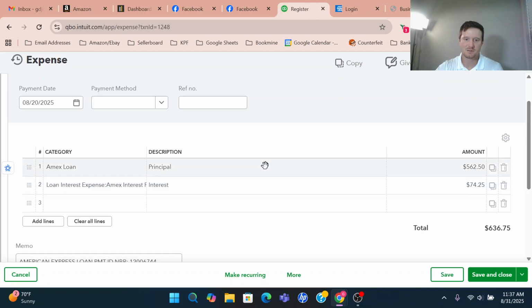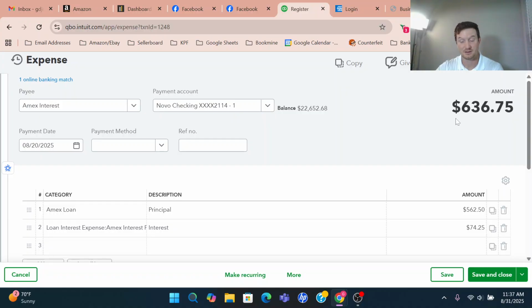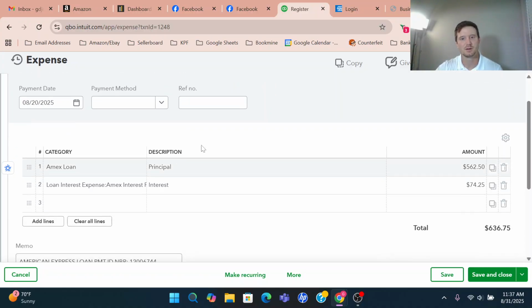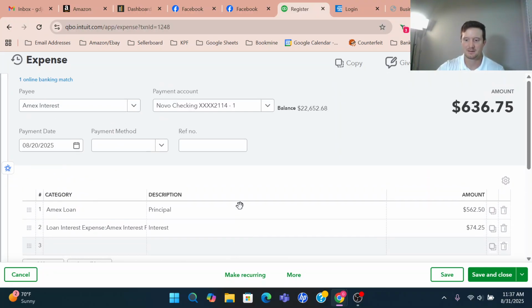So every time you get a statement, or every time you see an expense that is for a loan, you have to go in and dig a little deeper. You have to take a little time and see how much of this is actually principal and how much of this is interest. And mortgages can be a little more complicated.